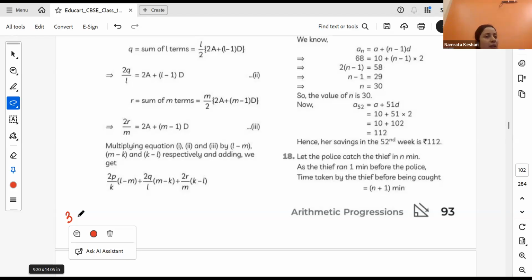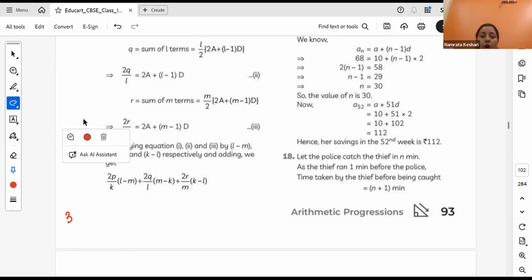If you give me a black pen, I'm okay with that. So that's the meaning of or. Or means either 3, or 7, or both will work. Making sense?